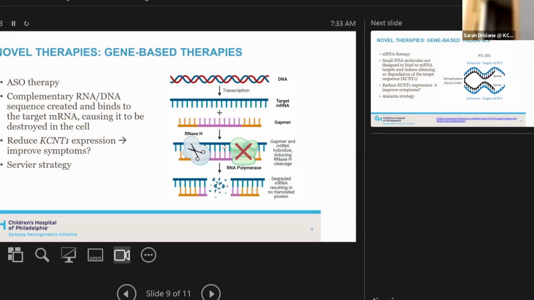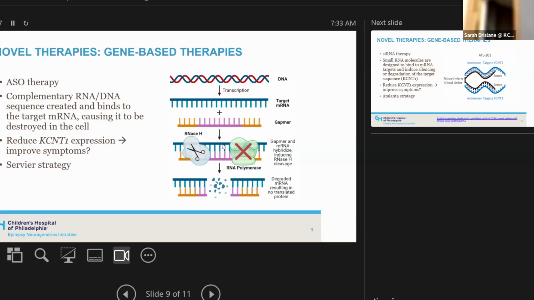An ASO therapy, like here in the purple and orange, is designed to stick specifically to that messenger RNA and interfere with its ability to be translated into protein.